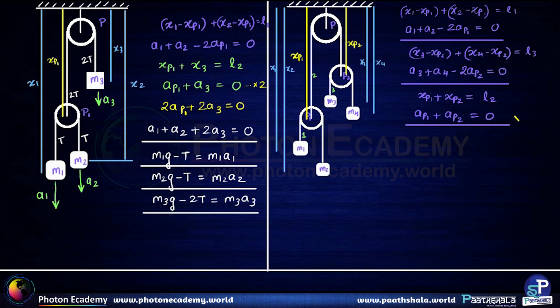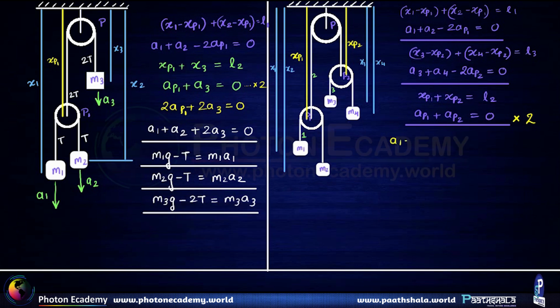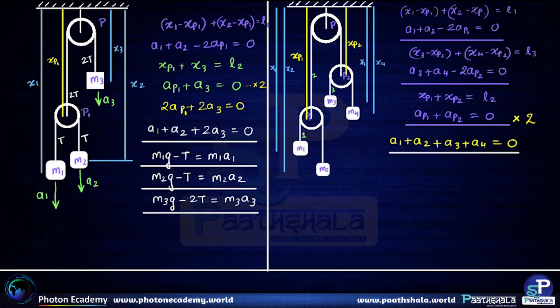If we multiply the third equation with 2 and add all the three equations, we would get a1 plus a2 plus a3 plus a4 equal to 0. This would be our constraint motion equation. So let me underline it in white.